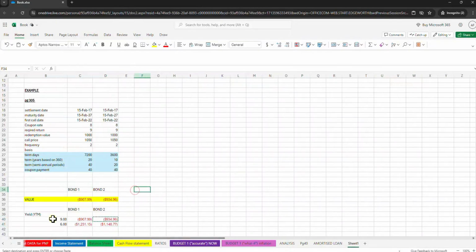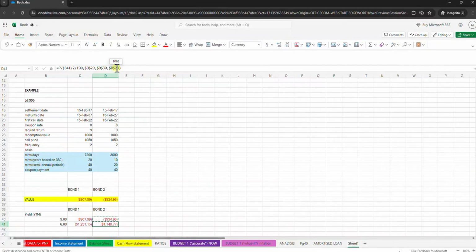All right, so this is 6%. Is it using the right cell? B41, 6%. Why is this figure not right? D29, yes, that's right. D30 is the coupon, and that's the face value.